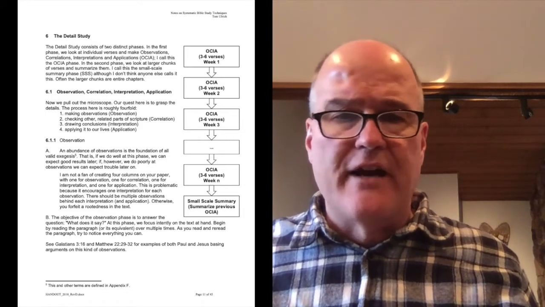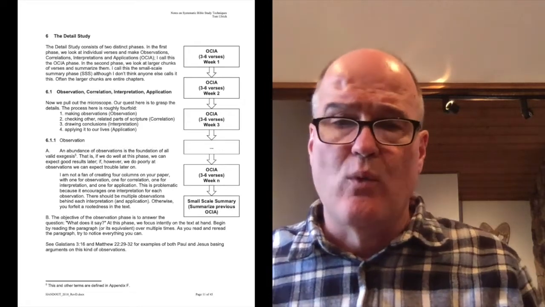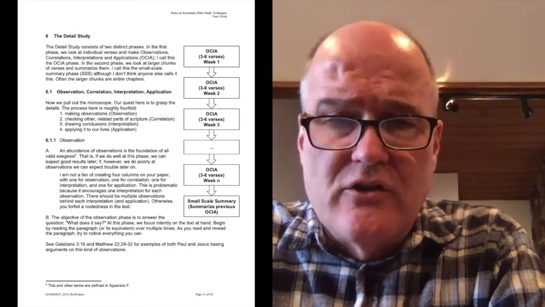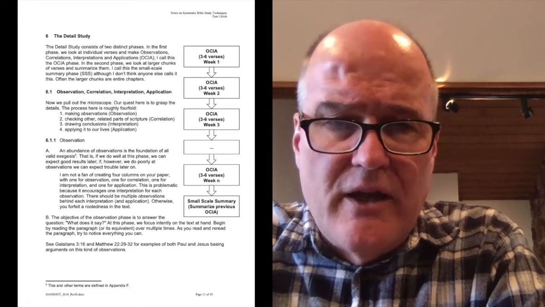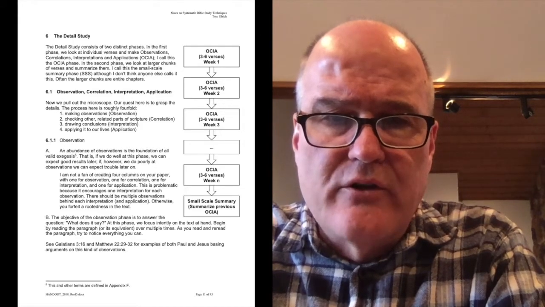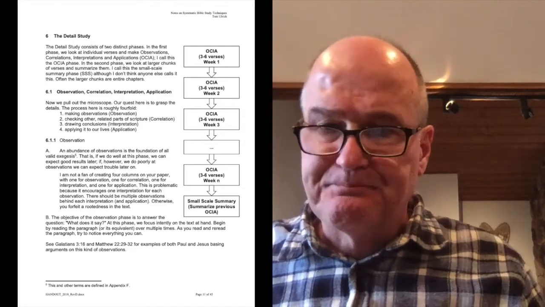You want 5, 10, 15 observations for every interpretation. You want to weight this. That's the only way you're going to get interpretations based on what the text says. The key to this method is you force yourself to keep returning to 'what does it say' before you get to 'what does it mean.'